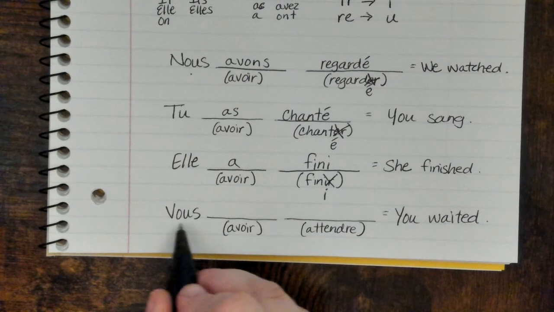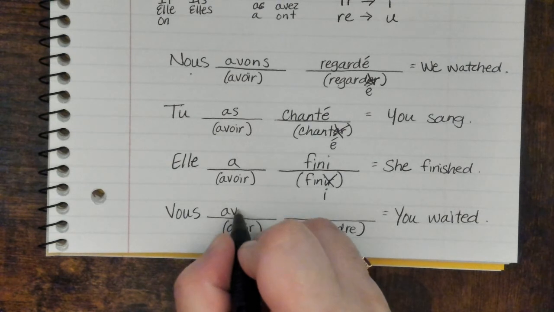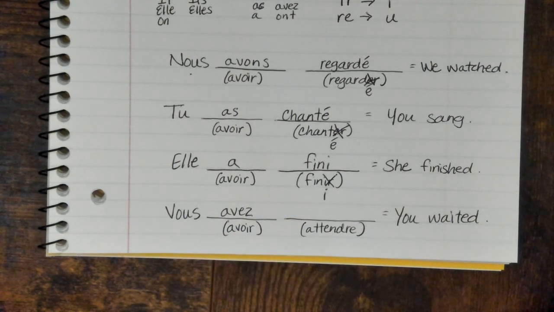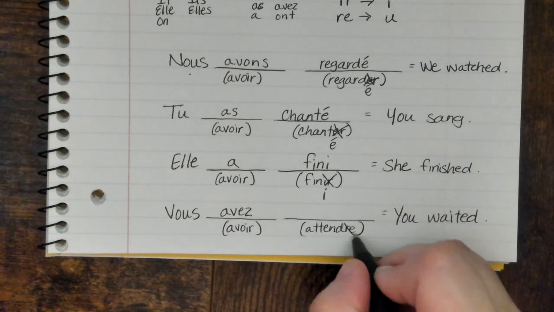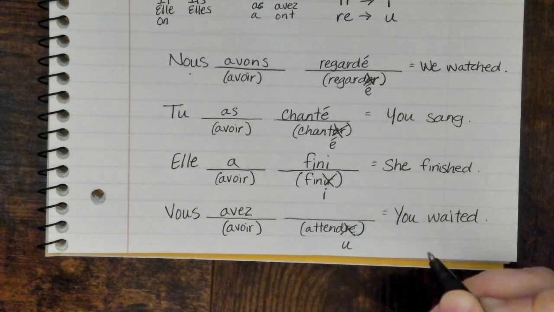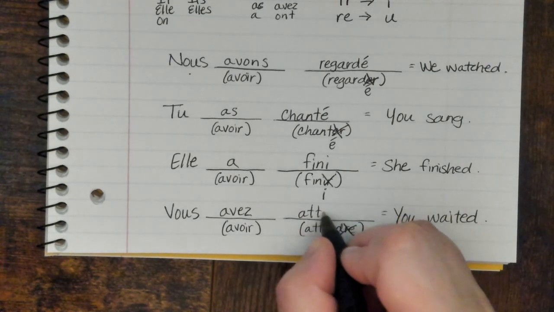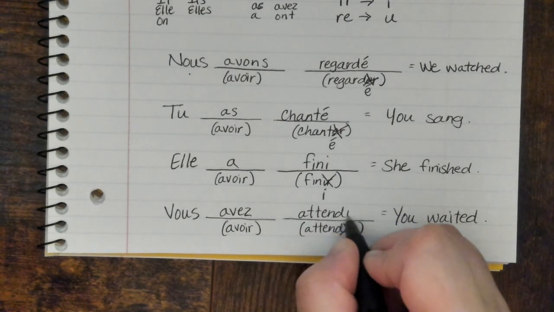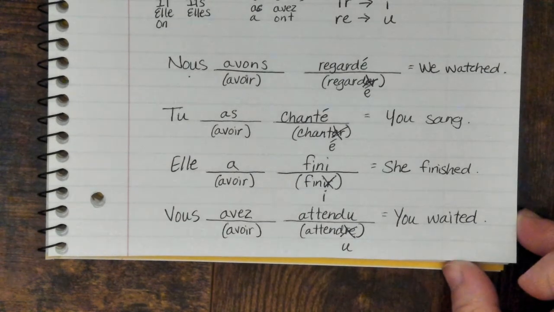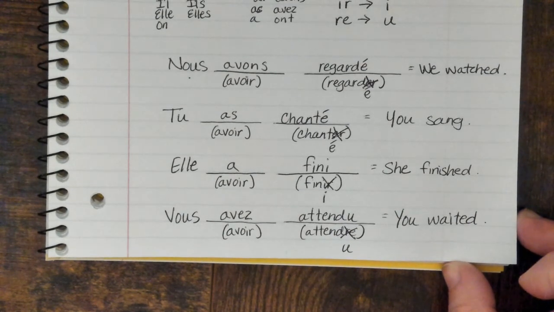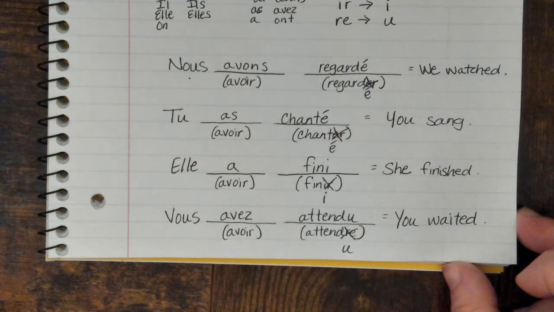So the vous form of avoir is avez, vous avez, and then with attendre we're going to take the RE and change it to a U. So attendu. Vous avez attendu. You waited. And that's all there is to it for forming the passé composé. Now it's just a matter of using them in sentences.